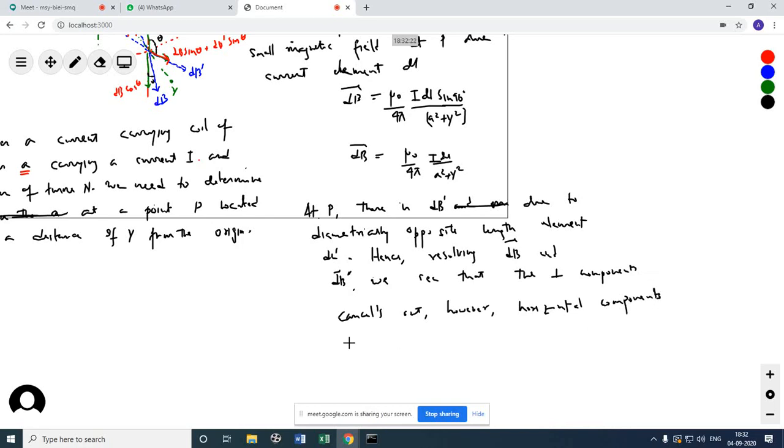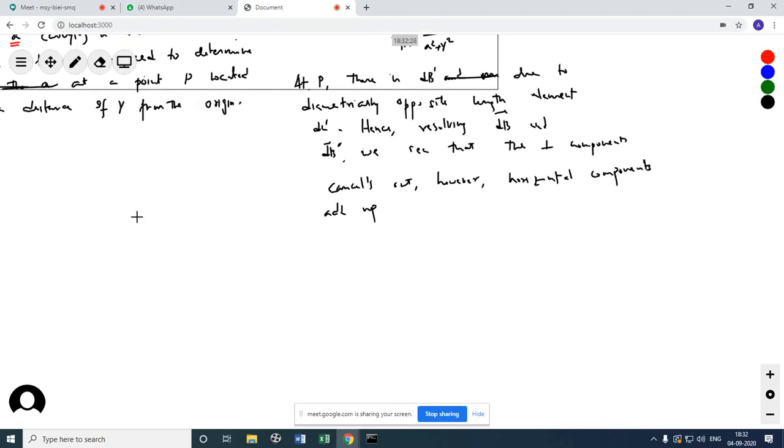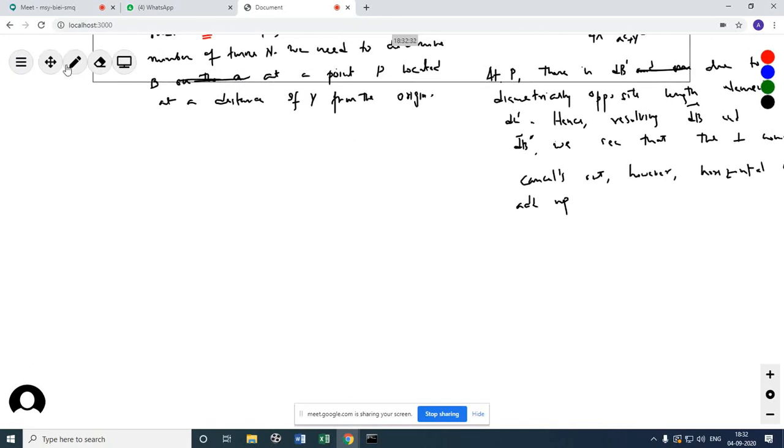I was just thinking, somehow I accidentally said vertical opposite angle. So it is this. So this angle will be my theta. This is theta, and here this is theta.